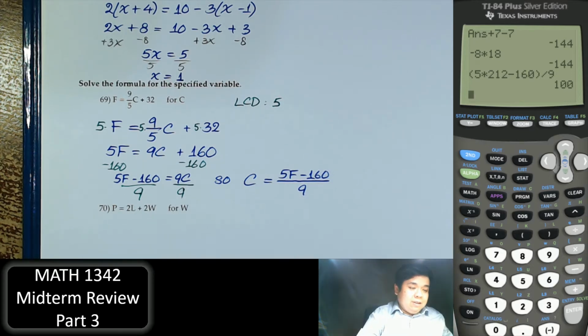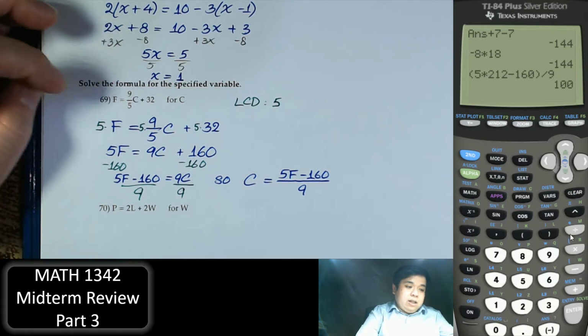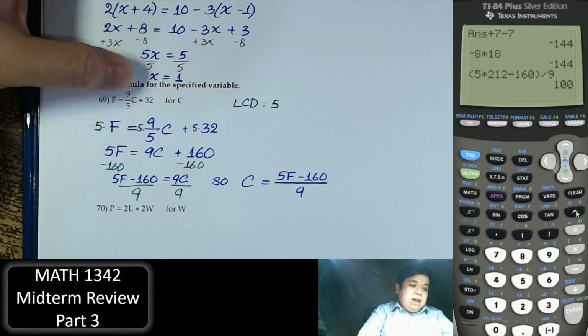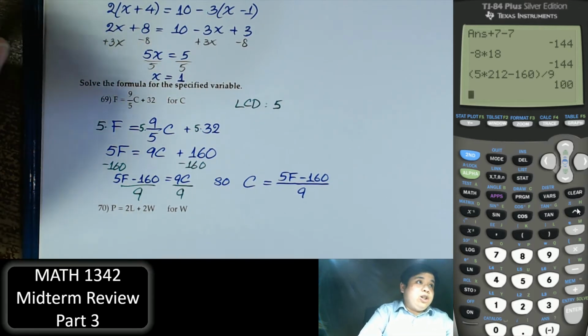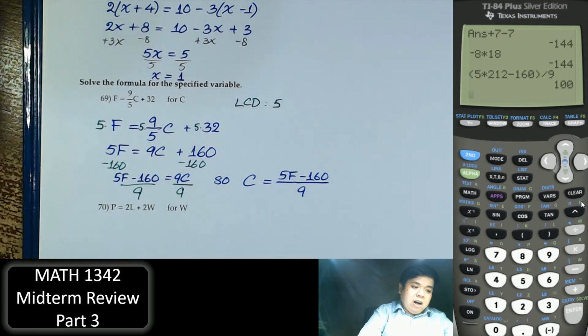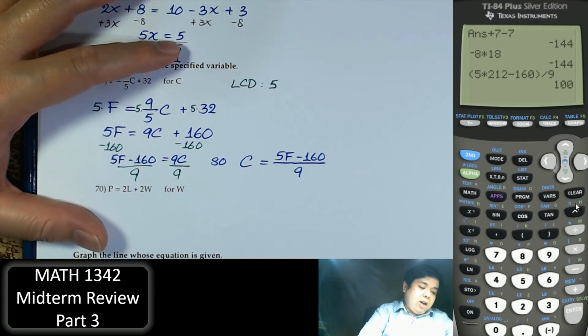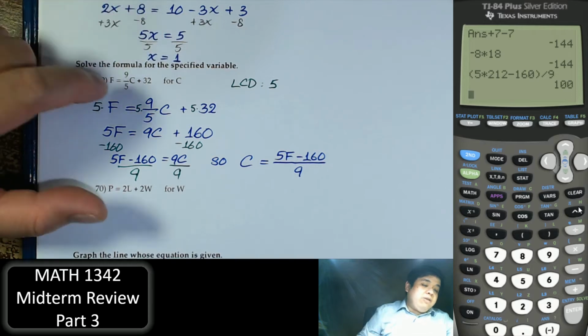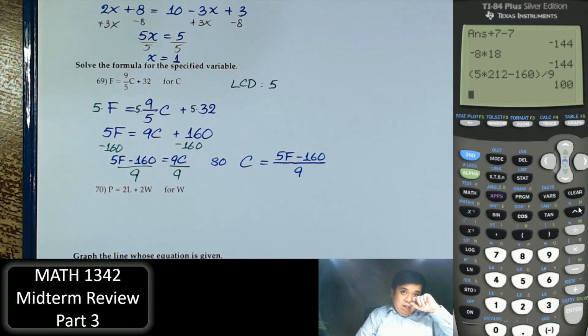And if you put 0 degrees Celsius here, that is equal to 32 degrees Fahrenheit. So that's the way we convert between Fahrenheit and Celsius. Bottom line is, if there's a fraction, try to eliminate the denominator and then try to get the variable by itself.